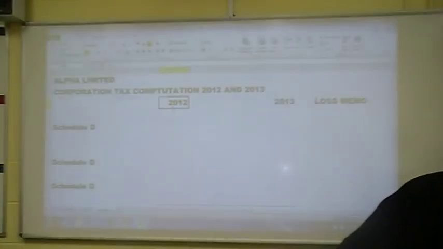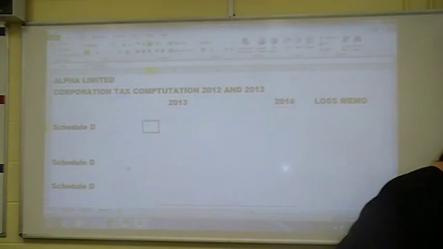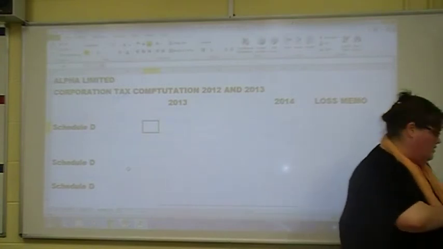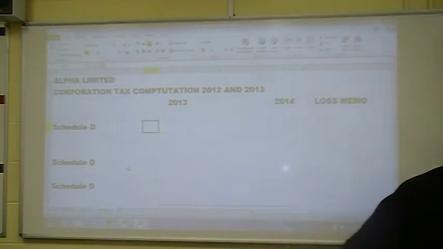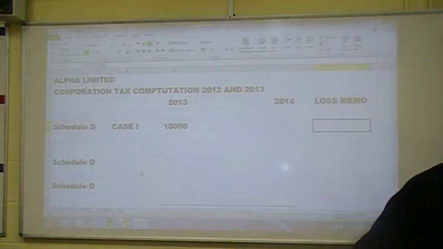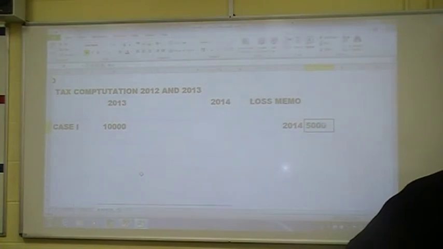So I've got 13 and 14 in this one now. Okay, so I've got Schedule D, Case 1. It's item 13 of €10,000. It's item 14, it's a 50,000 of a loss. So 2014, I have a loss of 50,000.